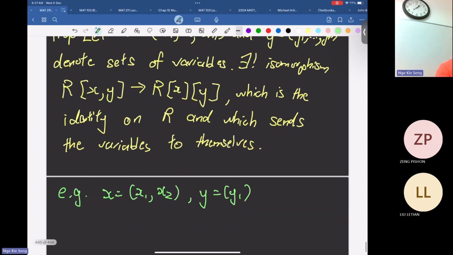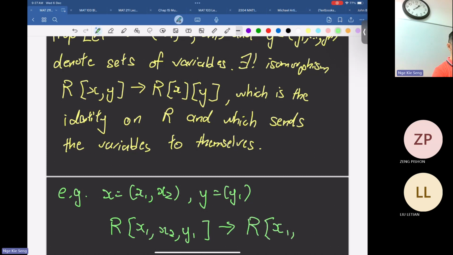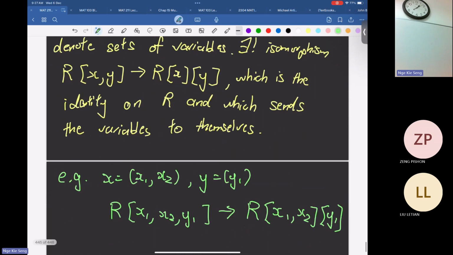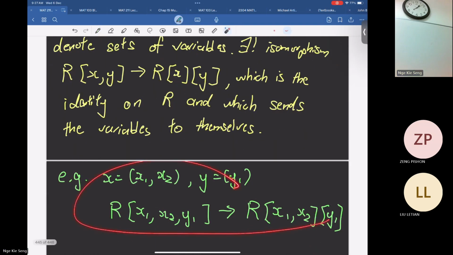Then the claim is you have a map, an isomorphism between R adjoint x1, x2, y1 and R adjoint x1, x2 first, and then adjoint y1. So when I talk about general setting, quickly form an example in your mind.